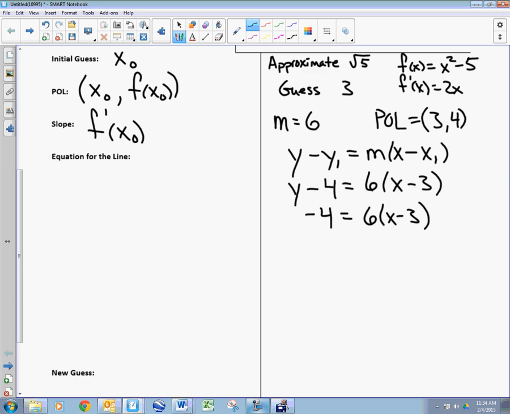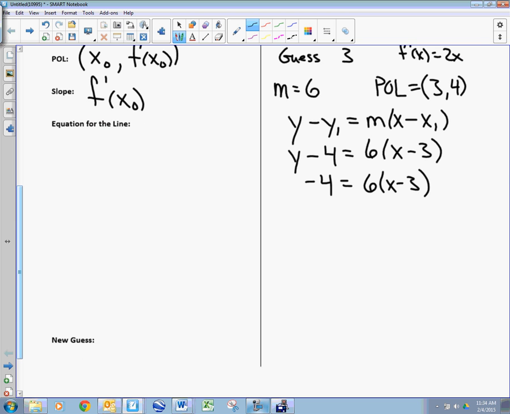We want to solve for x. What would you do? Let's just divide the 6 off. So negative 2/3 is equal to x minus 3. Then what? Add the 3. So you get 3 minus 2/3 is equal to x. So x is 7/3.